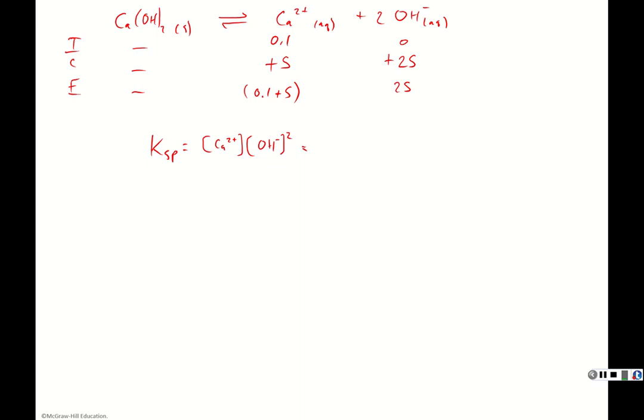If we keep track of that S, the math will be more challenging. So as we've been doing for our other equilibrium expressions, we're going to make a simplifying assumption: 0.1 plus S is about equal to 0.1, since S is going to be much, much smaller than the amount we started with. So now our KSP becomes 0.1 times 2S squared.